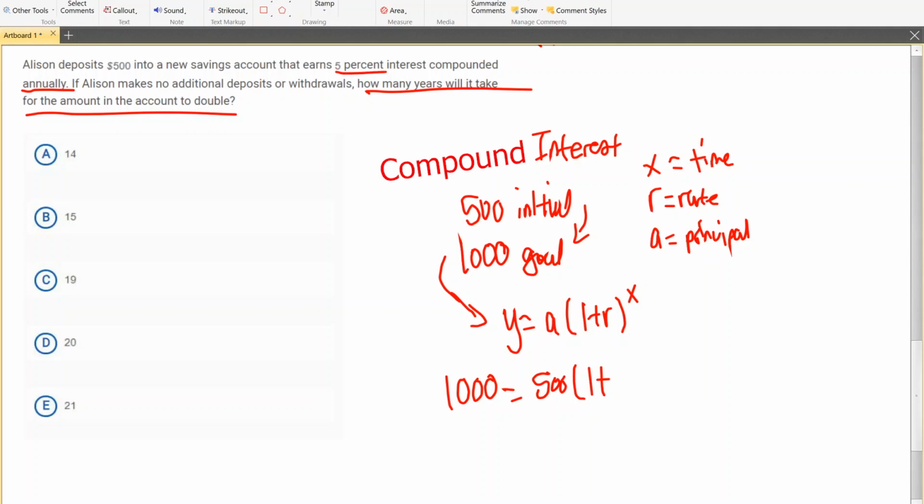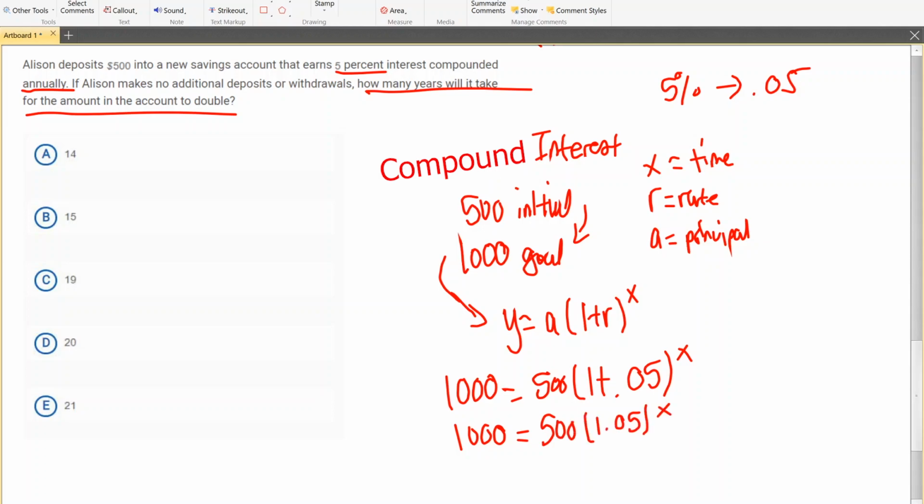It says 5% interest. So 5% can also be written as 0.05 in decimal form. So that's what we're going to use as r, because that's how much the money is being compounded annually. So what we get when we fully simplify is 500 times 1.05 to the x power.